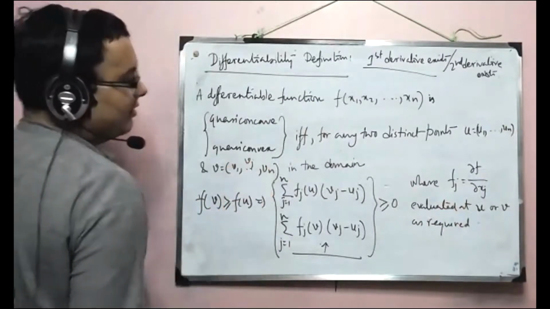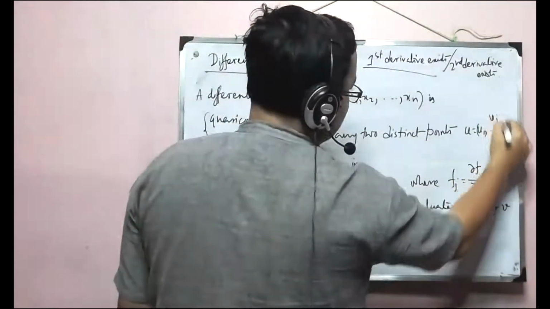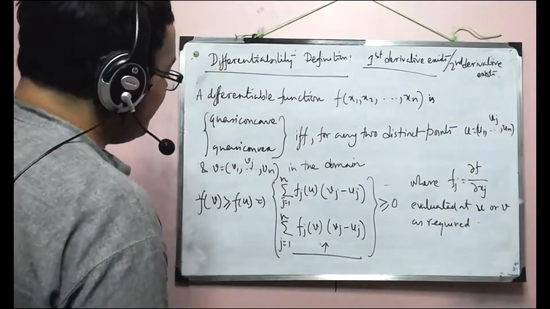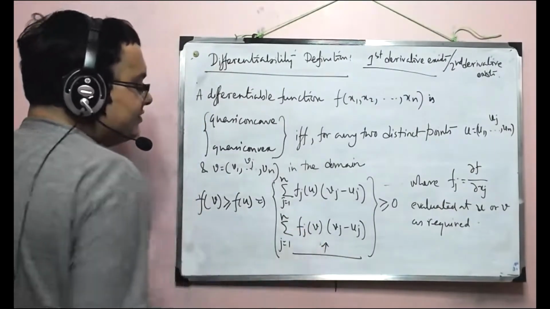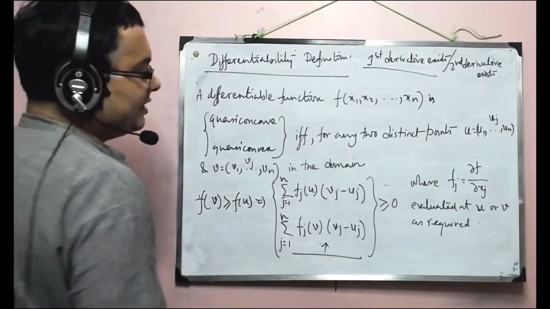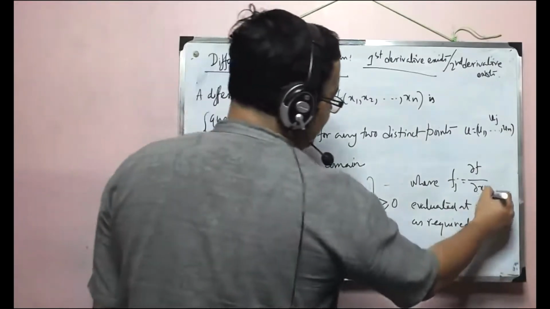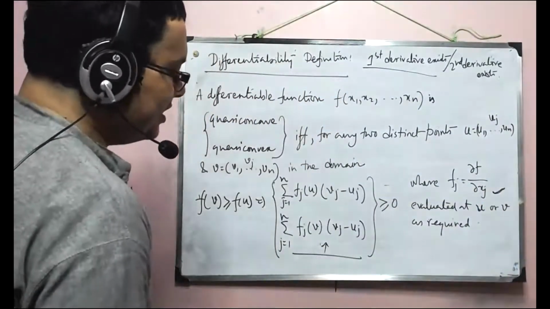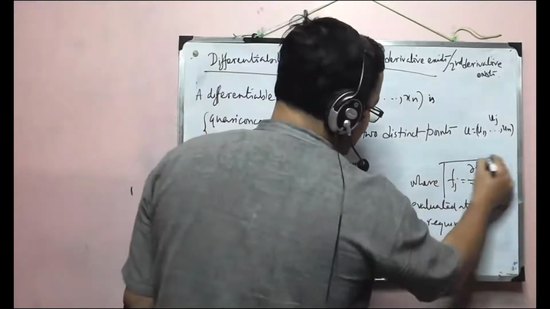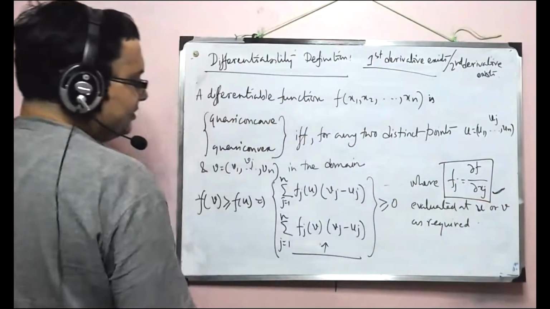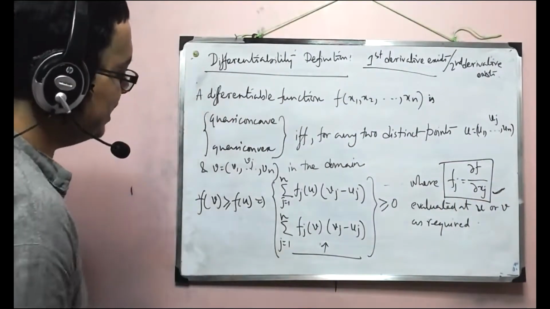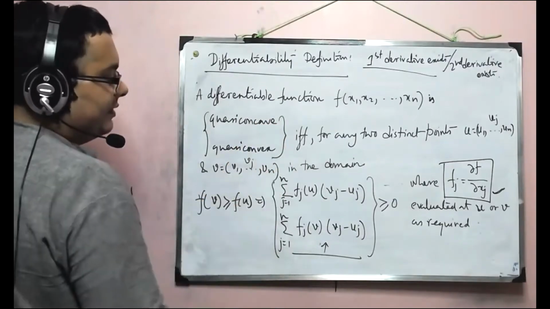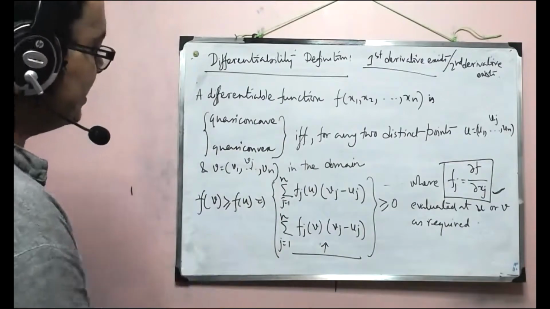So somewhere around there will be vj and also uj, and I'm taking the difference. Then this is f_j(v). That means you differentiate f by xj, then you put in the value of v, and you sum them up. So you are doing it for every point. That's what this basically means.